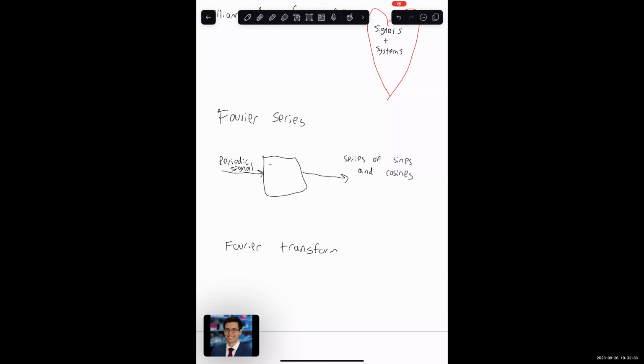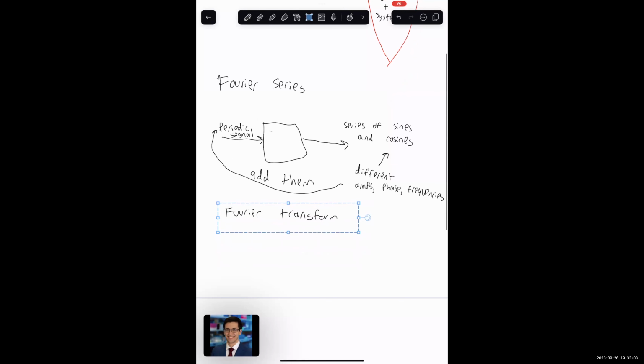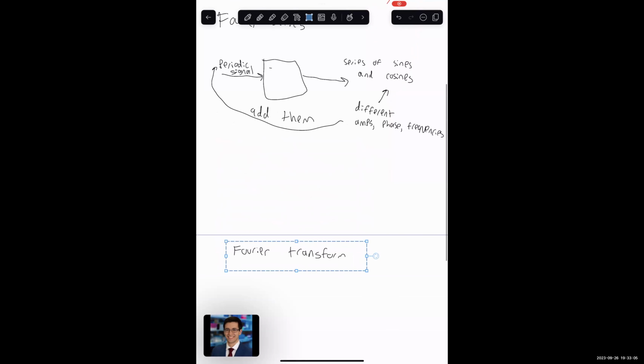These sines and cosines can have different amplitudes, different phases, different frequencies. And when we add these, we get back to our periodic signal, right?